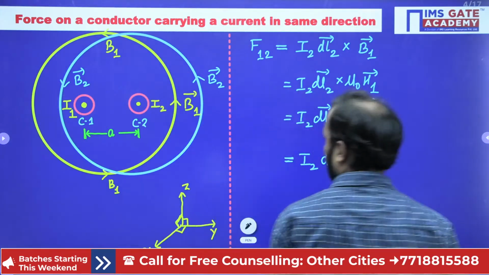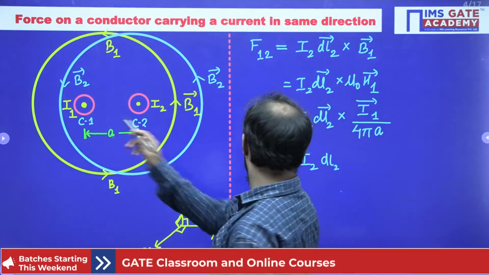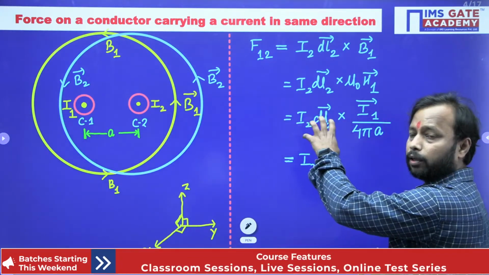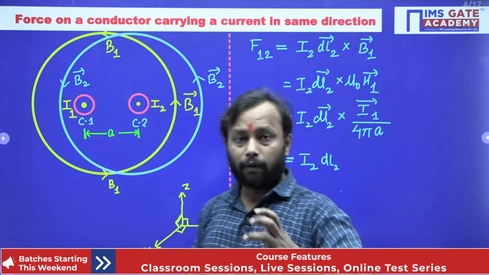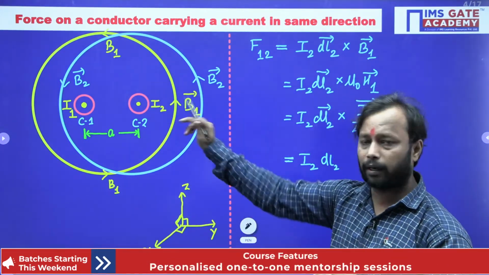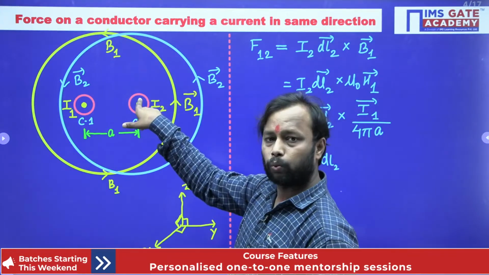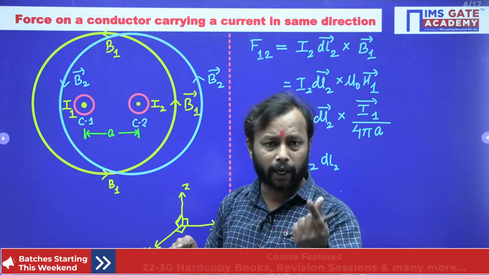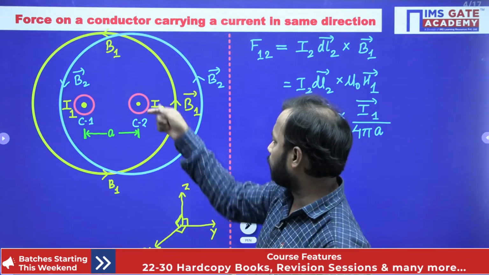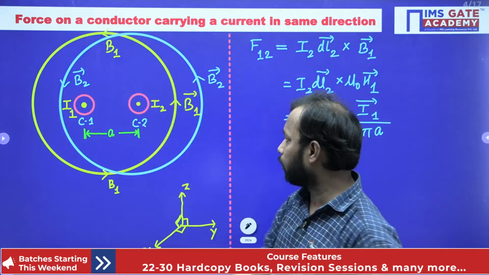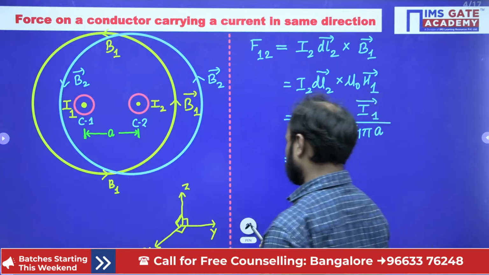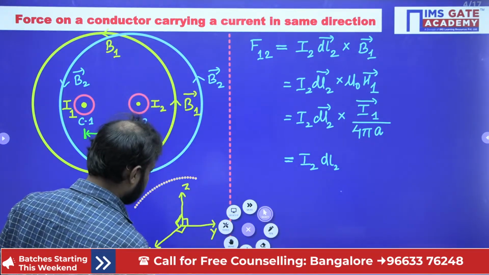Now dL2 will be the length or direction of the current in conductor 2. So I2 dL2 will be together. Since I2 is coming outward, it will be in the direction of X. Let me shift somewhat upside.